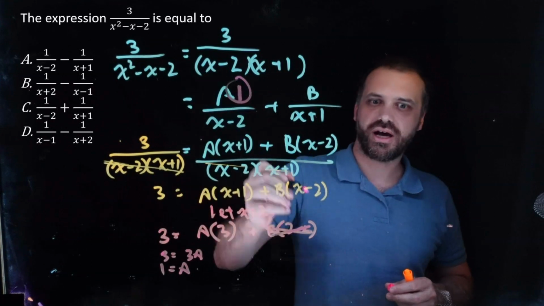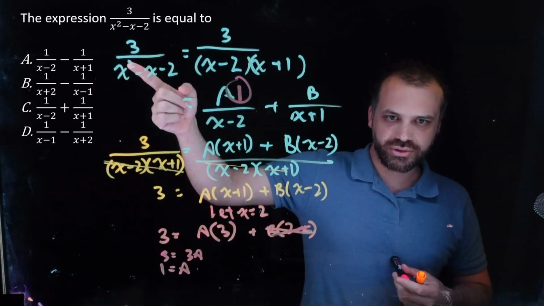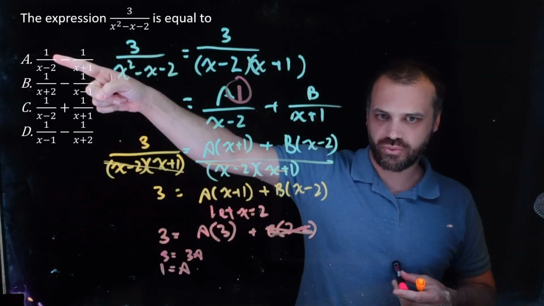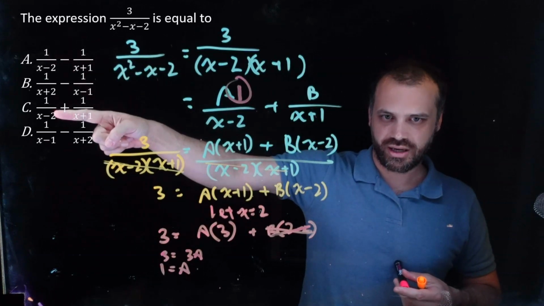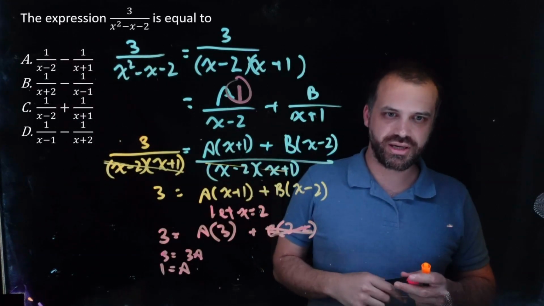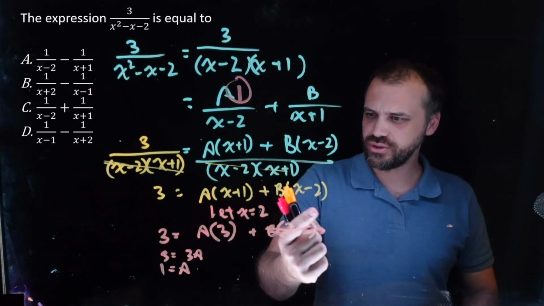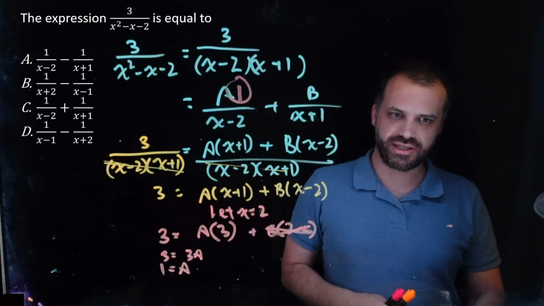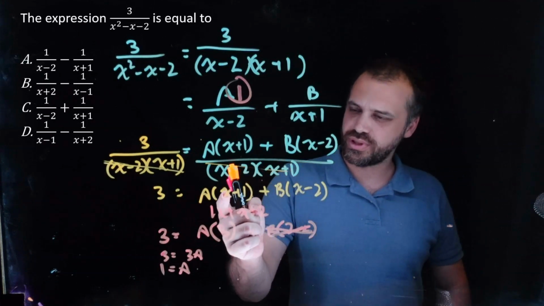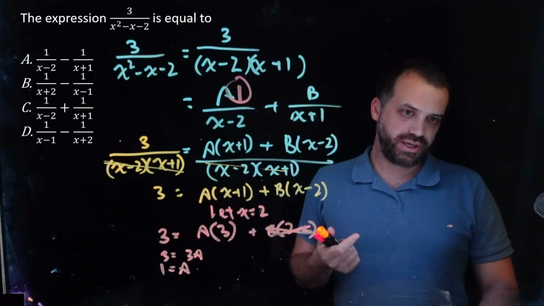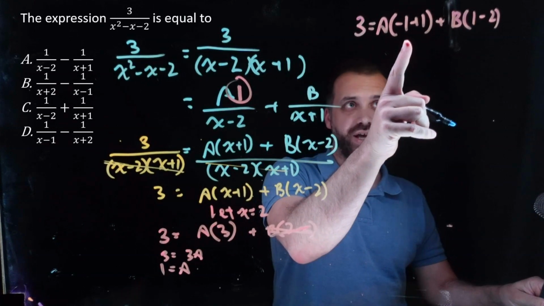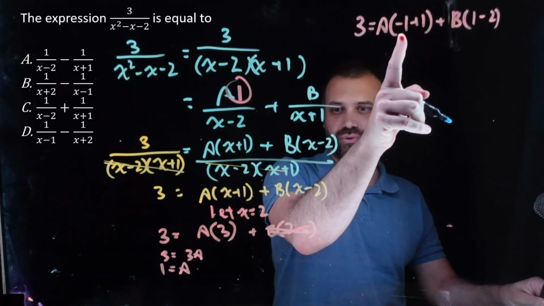Alright, so we're halfway there. It looks like in our solutions we have a 1 over x minus 2 here and we have a 1 over x minus 2 here. So it looks like the answer is going to be A or C. We can do this same thing again, but with a convenient value that makes A disappear. Now, it turns out that convenient value is negative 1.